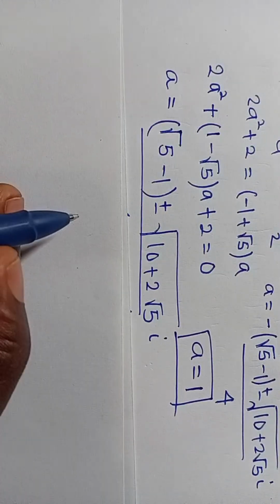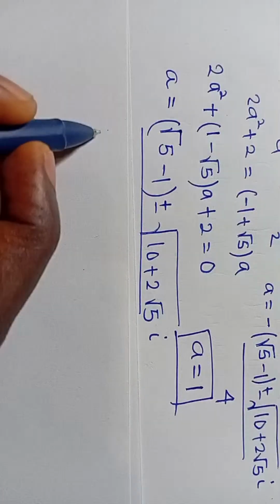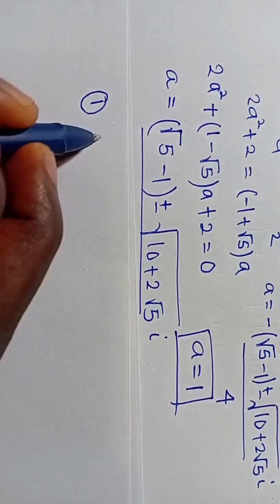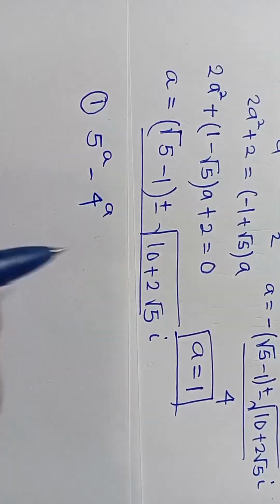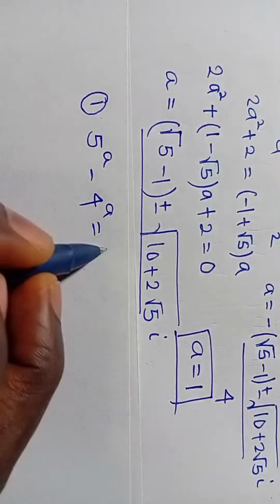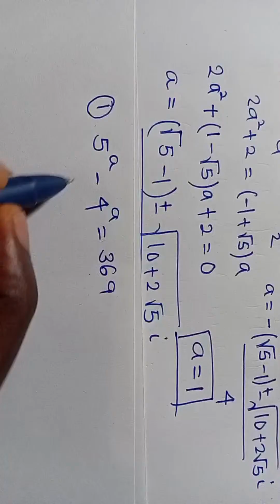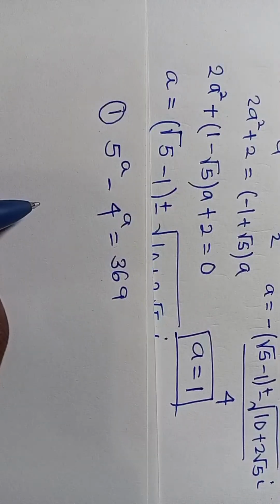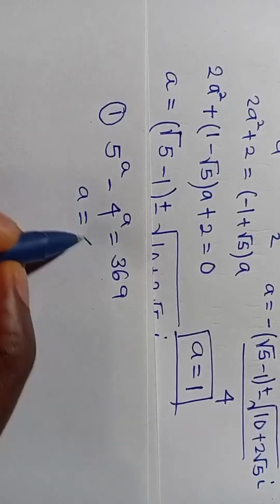So now in this video we've covered 2 problems. The first problem is we solved 5 to the power of a minus 4 to the power of a, that will have it to be 369. And for this problem, we got the value of a to be equals 4.